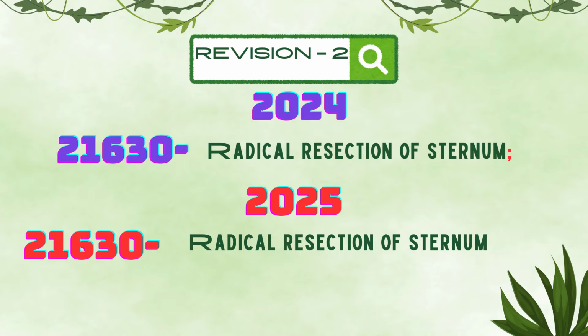With the dawn of 2025, the code has been revised to radical resection of sternum. You might be wondering, there is no change in the terminologies or in the words included in the code descriptor. But then you see that there is a minor change of removing the semicolon. Just because a semicolon has been removed, we consider this a revised code.